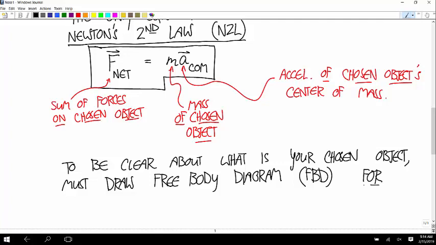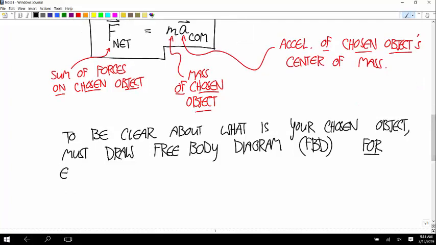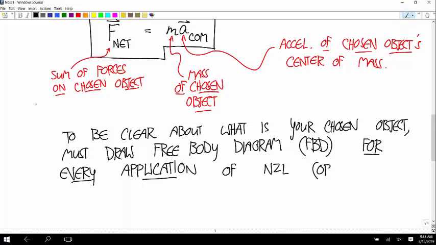For every application of Newton's second law, and this is particles, so we're not going to have the moment equation yet, but this is also going to be true of the moment equation.